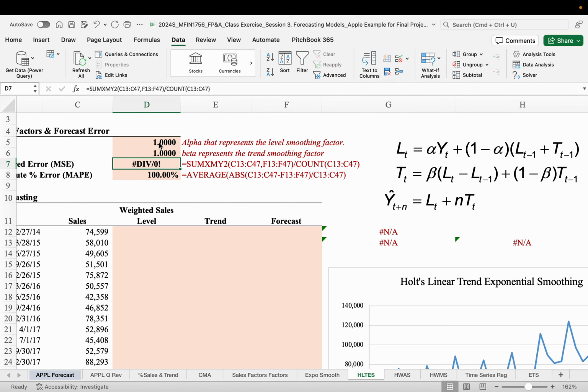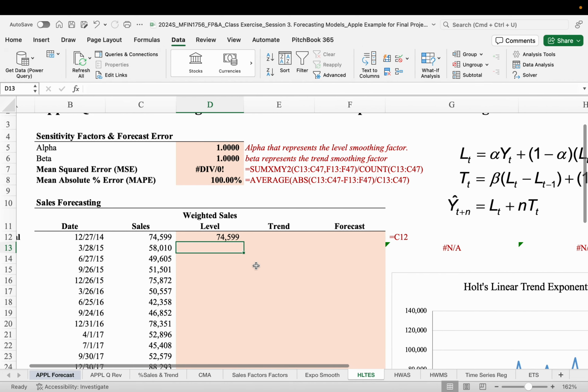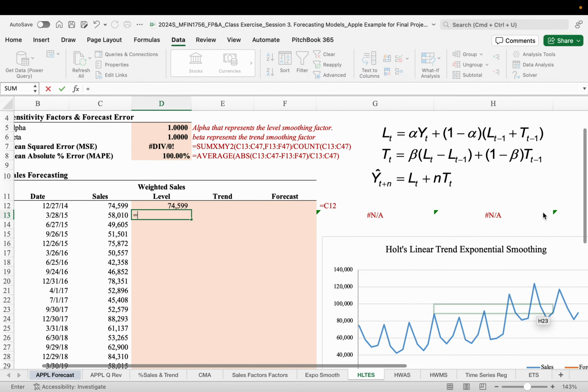Now, the weighted sales level, how do we calculate this? Here, because of the time t minus 1, we have to use the sales starting from this point. Let's use this formula. So the weighted sales level, we calculate equal, the level, right?